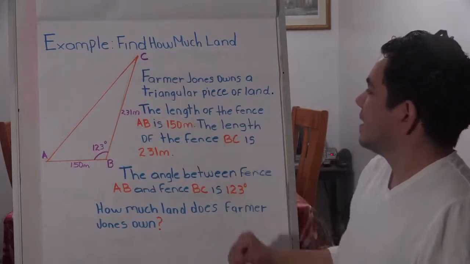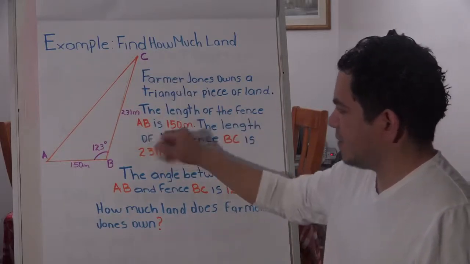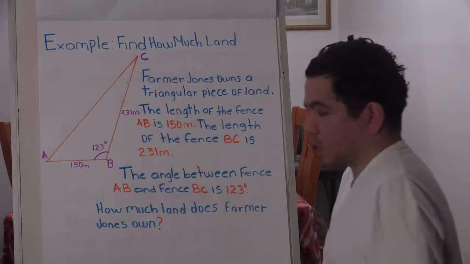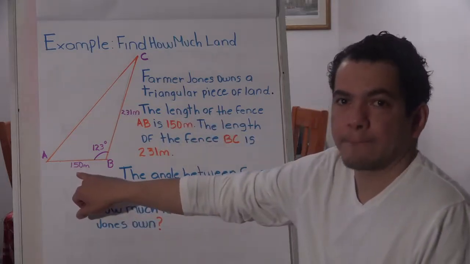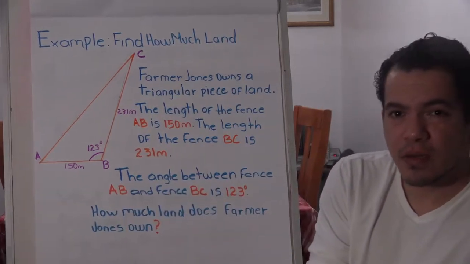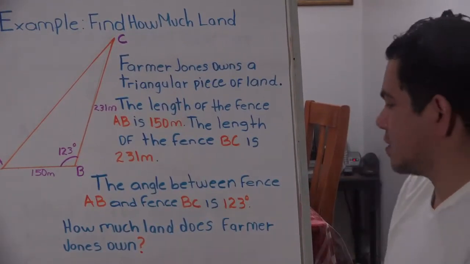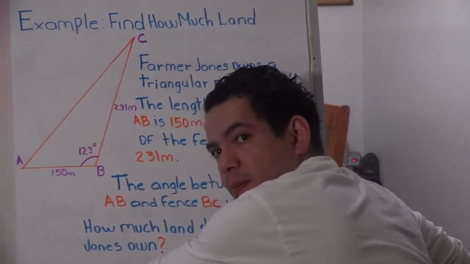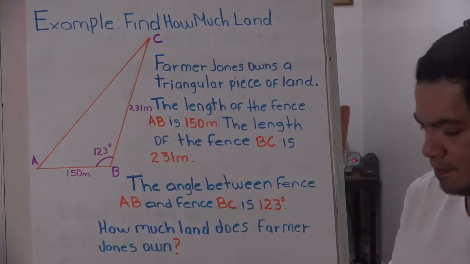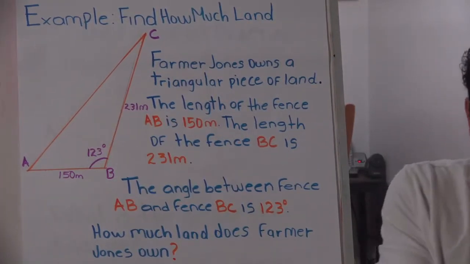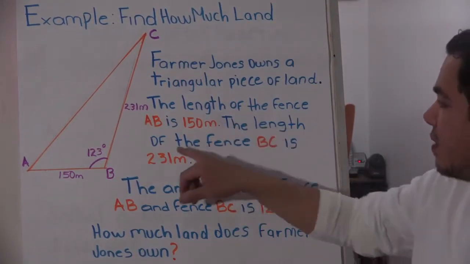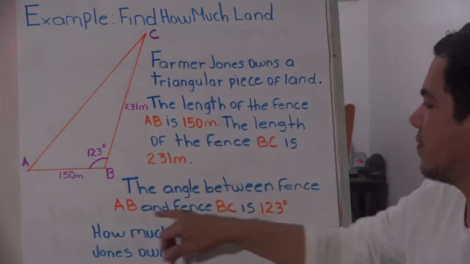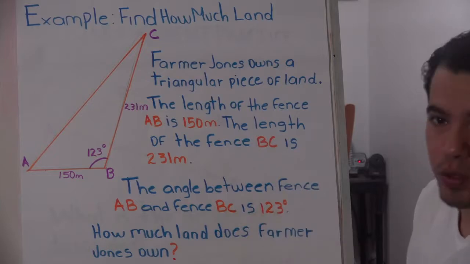The length of the fence AB is 150 meters. The length of the fence BC is 231 meters. The angle between the fence AB and the fence BC is 123 degrees.